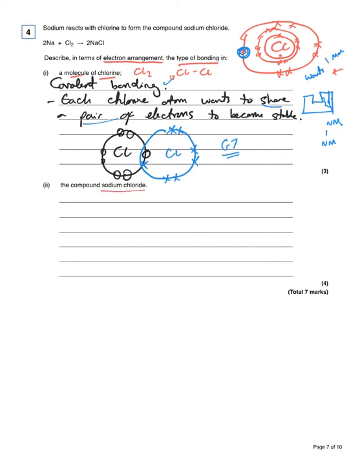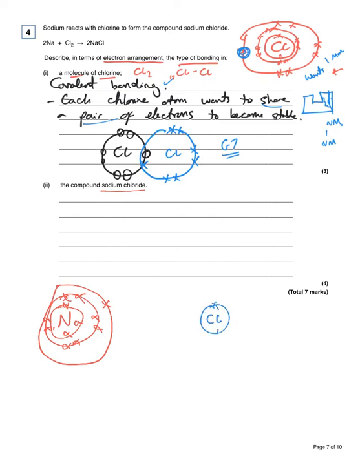Next up, sodium chloride. Again, I would try and draw them. So sodium is group 1 with 11. So 2 in the first ring, 8 in the second ring, and 1 on the outside. And chlorine is, as we've said, group 7, so 2, 8, 7.